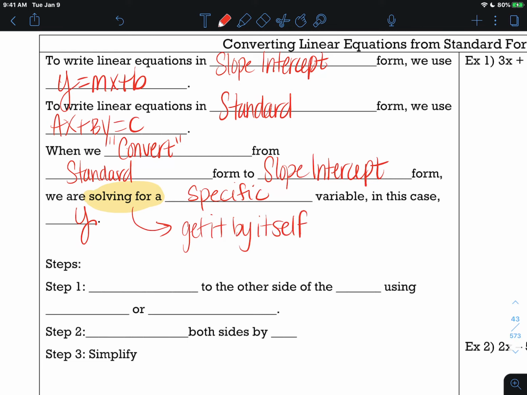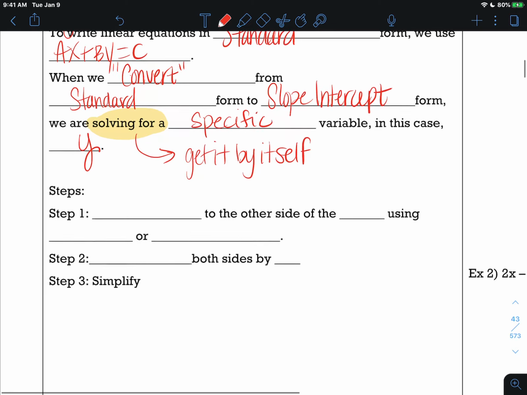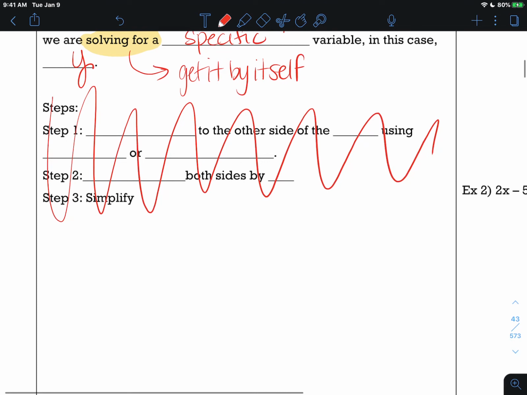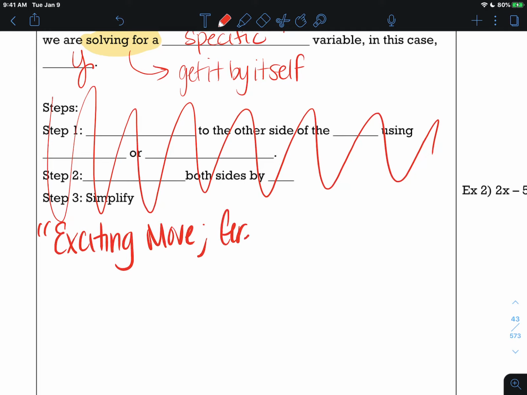That means move everybody else away from it, get rid of all the numbers, negatives, other variables, move them all to the other side. So, the steps, I'm not going to worry about that because that's a little bit more complicated than what I like to do. My steps for this are always exciting move, great divide.